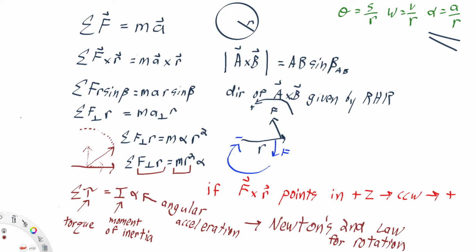And the part of the force that's perpendicular to the radius tends to rotate an object. And so we have, if we sum up all of the tendencies toward rotation, all of the torques on an object, we will be able to get its angular acceleration. And instead of mass resisting linear acceleration, it's the moment of inertia that provides the resistance to angular acceleration.